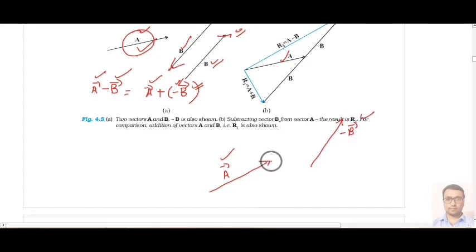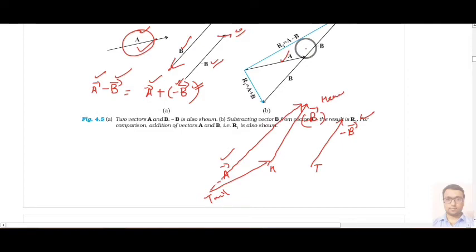So head of the first one and tail of the second one will be put together like this, and this will be your vector minus B. Then the resultant will be represented by this arrow that is joining tail of the first vector and head of the second vector.